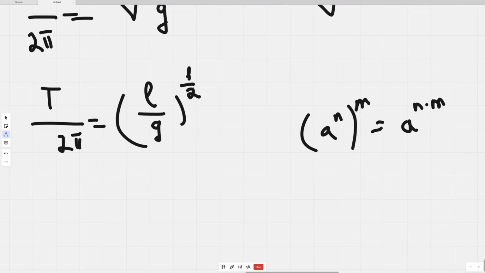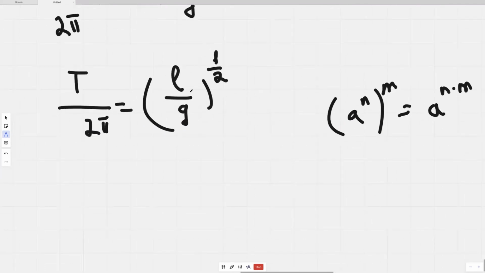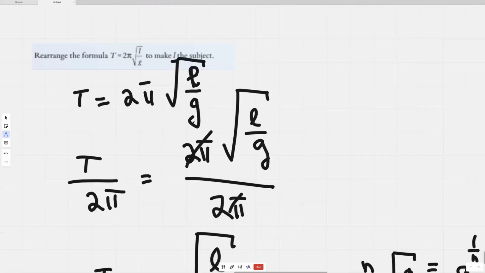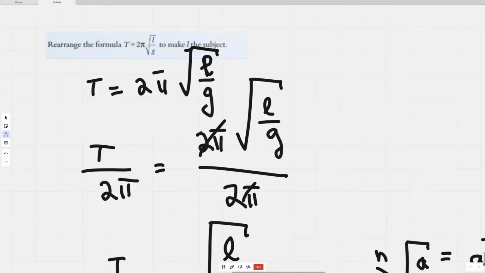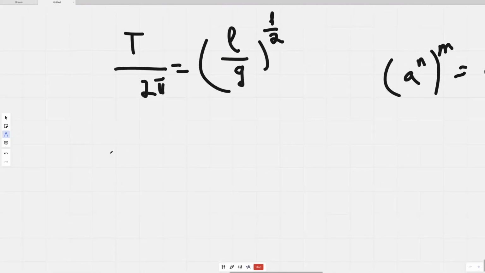So here we can change the 1 over 2 to only 1, to make only L itself, because we should find L. The question says L is the subject, not the square root of L or something like this. So we have to square both sides.